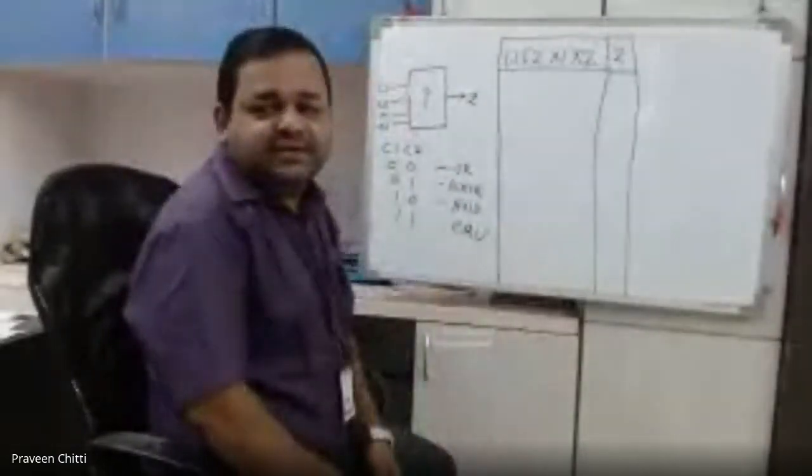Now, how many inputs are there totally? 4 inputs. So how many input combinations you will get? 16.